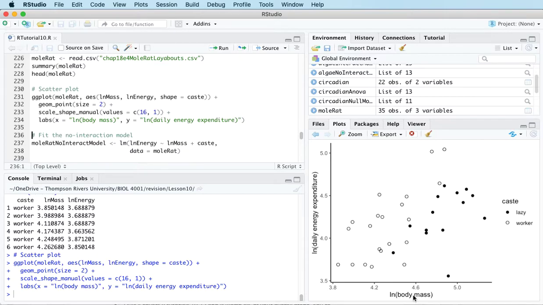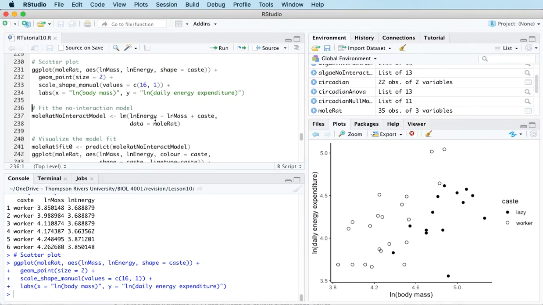We have a quantitative predictor variable, which is the log body mass, and then we also have a categorical predictor variable, which is called caste, and it is distinguishing lazy mole rats, so layabout mole rats, or infrequent workers, and we also have frequent worker mole rats, and we're trying to figure out whether the relationship between daily energy expenditure and body mass differs according to the type of mole rat, whether they're lazy or whether they're frequent workers.